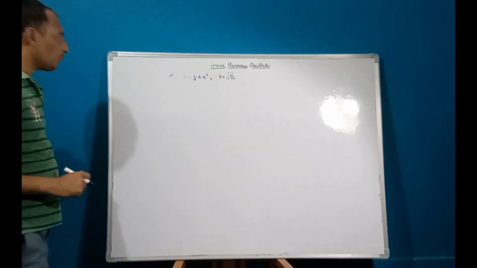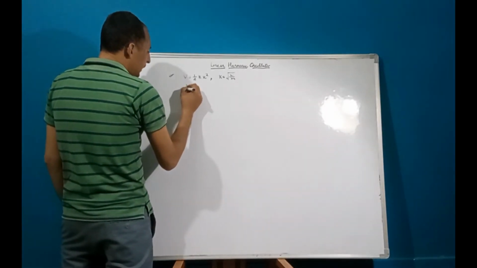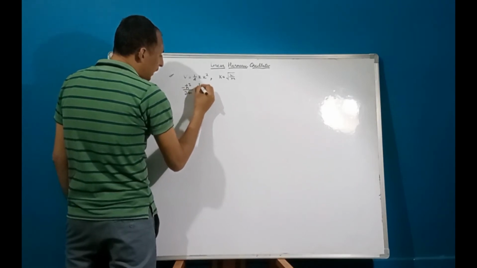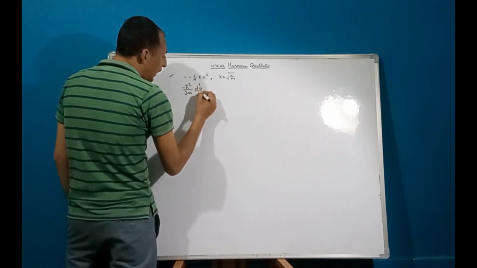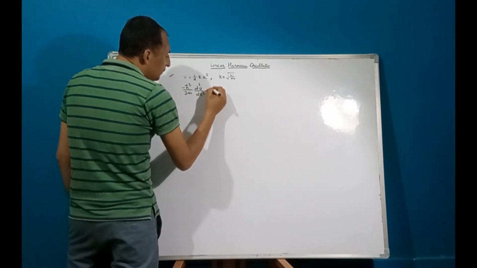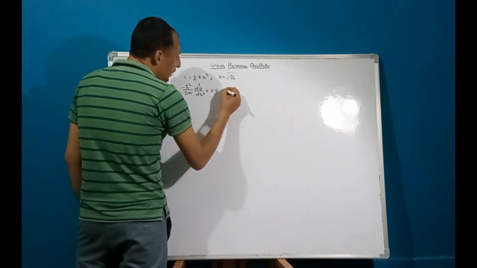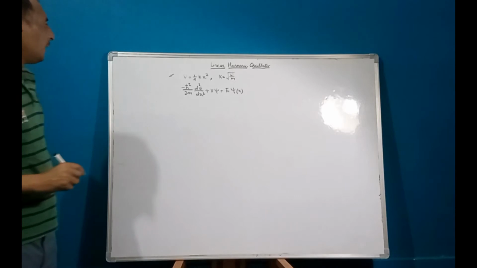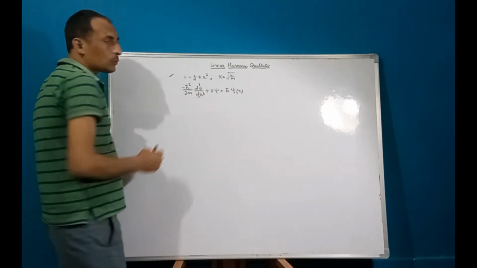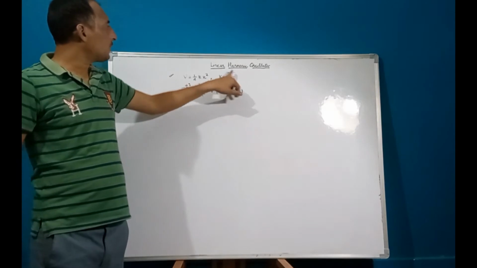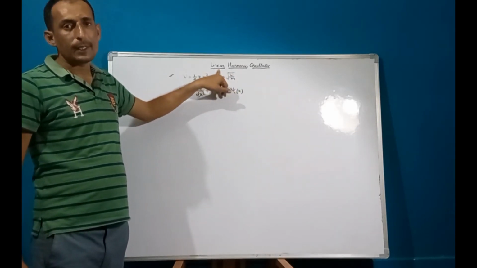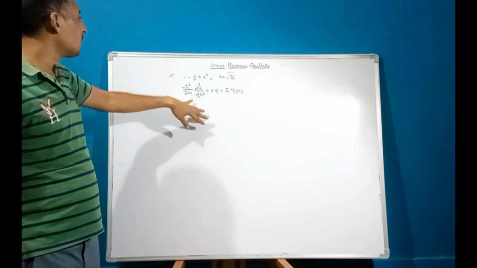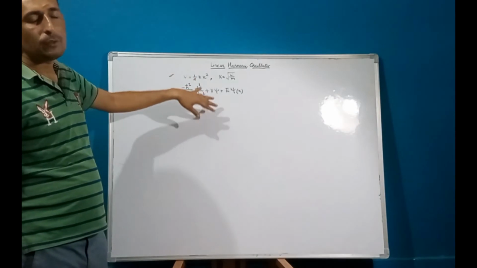So the Schrodinger wave equation can be written as minus h cross square over twice m d2 psi over dx square plus V psi is equal to E psi, where psi is a function of x. Note that we have taken d2 psi over dx square. It's because our harmonic oscillator is moving linearly. It means it's just a one-dimensional problem. So we need to focus only on the derivative with respect to x.